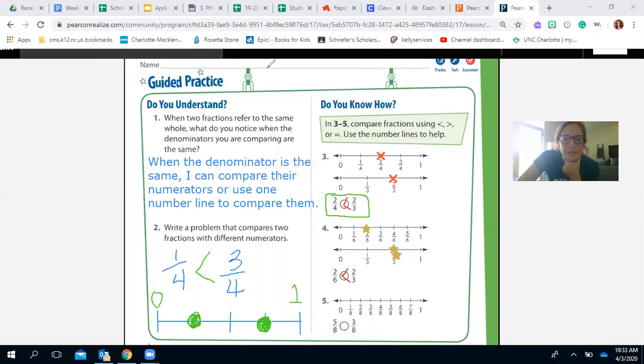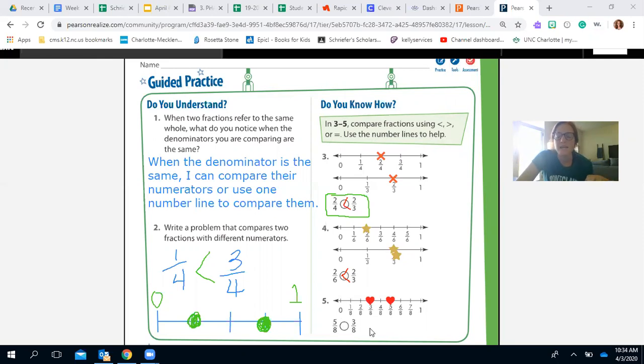All right, last but not least, we have 5/8 and 3/8. So these both have the same denominator, but different numerators. So let's take a look. 5/8, so 1/8, 2/8, 3/8, 4/8, 5/8. So I'm going to put my stamp there. And 3/8, 1/8, 2/8, 3/8.